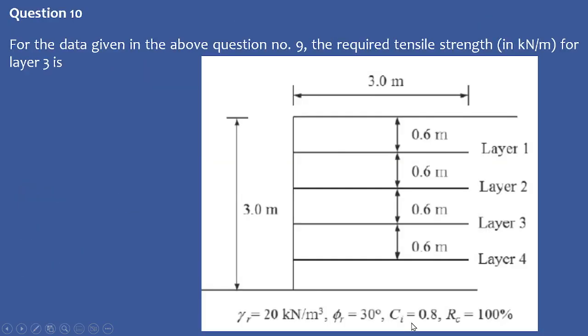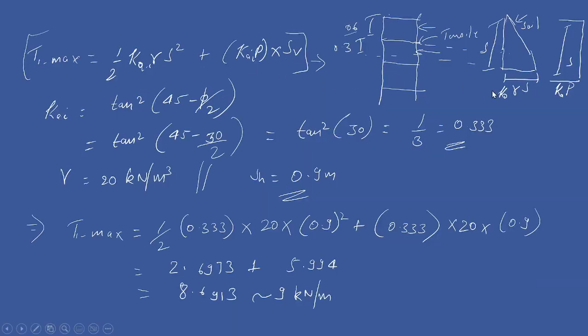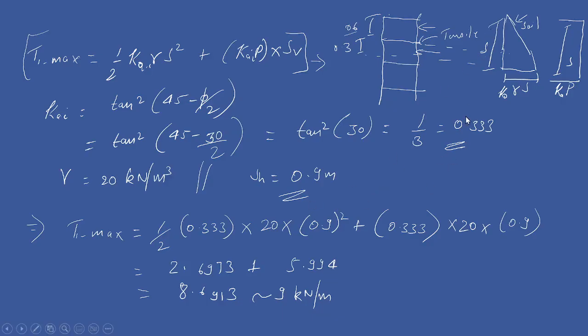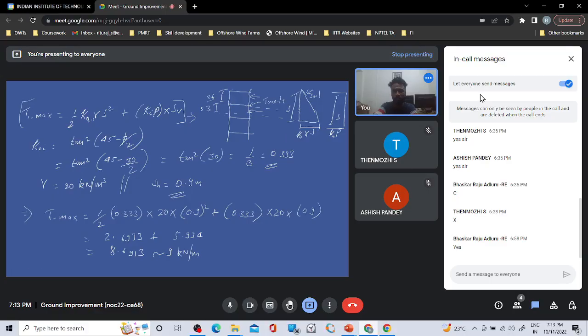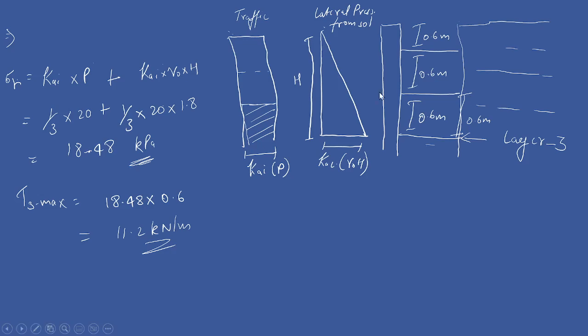Similar we have done in the previous question also. So we have calculated first the pressure at that depth with the soil domain, then with the traffic loading, then we have multiplied it with the whole tributary length available. The only difference is that in the previous question the tributary length and the total depth were the same, but here the tributary length and the total depth are different. So that's why we have calculated like this.